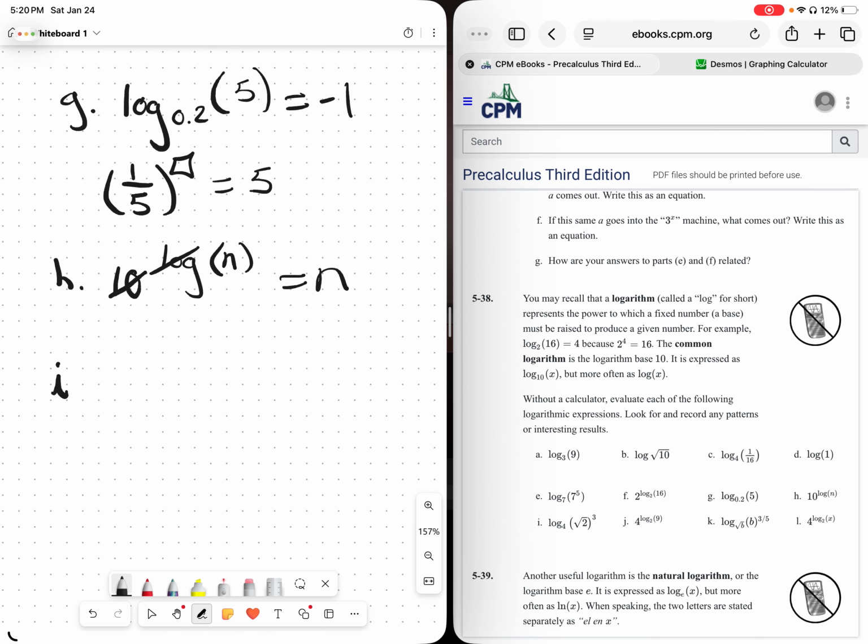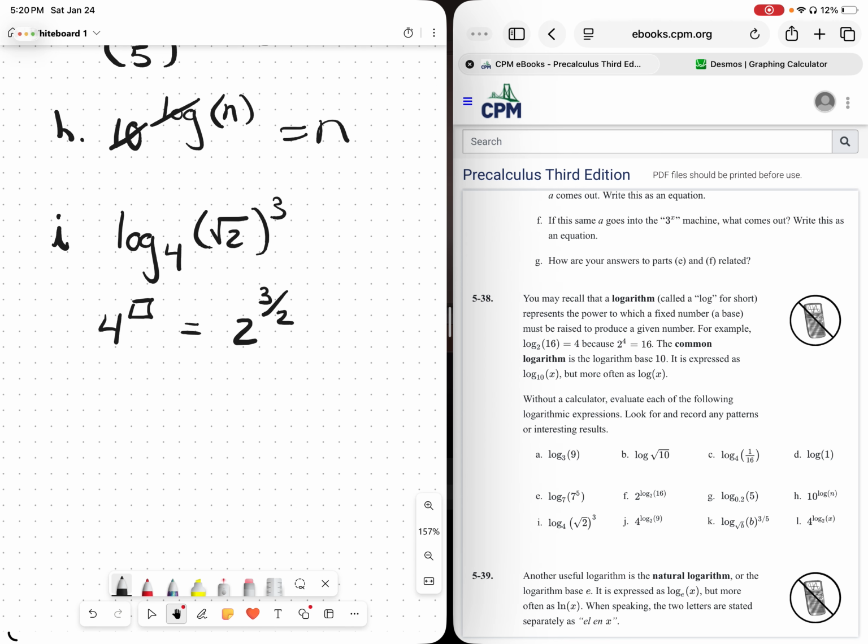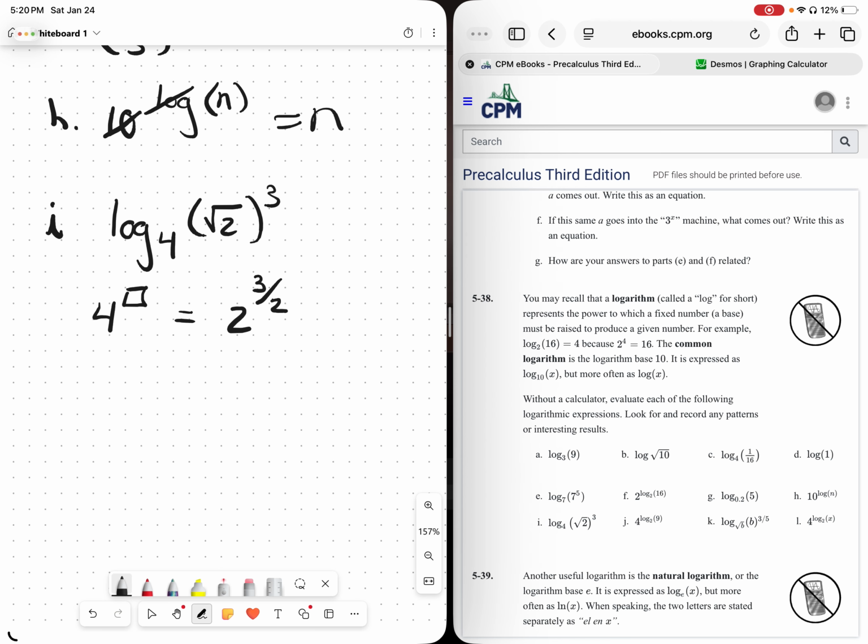Okay, I, we have log base 4 of the square root of 2 cubed. Okay, so again, this is 4 to what power gets you, and again, you got to know that this is 2 to the 3 halves, right? And you got to be able to do a little math here, right? So 2 cubed is 8, and that's the square root of 8.